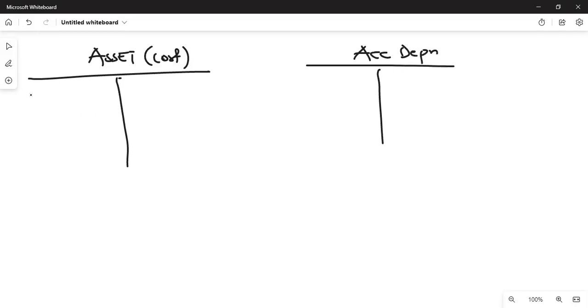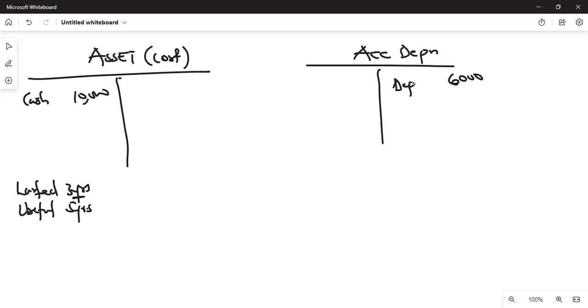For cost, you debit the cost with cash or bank if you bought it, let's say 10,000. Let's assume this asset has lasted for 3 years, with a useful life of 5 years, meaning the accumulated depreciation will be 6,000.